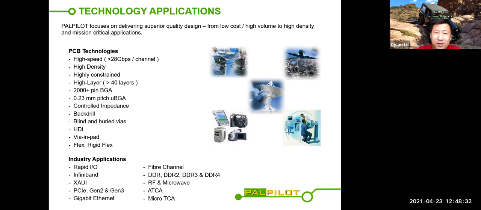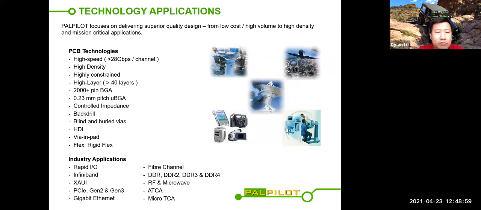But you can go as much as 40 or more layers as much as you need. But of course, it comes with a price. And the aspect ratio of the thickness of the board and your drills will make the fabrication a lot harder. So try to keep the layer count to the minimum possible. It will do good for you on the cost and yield rates.